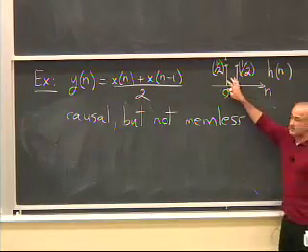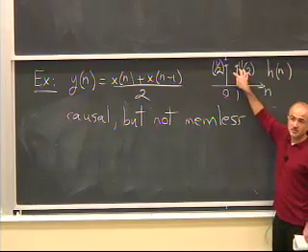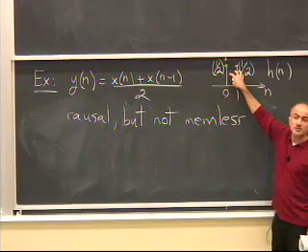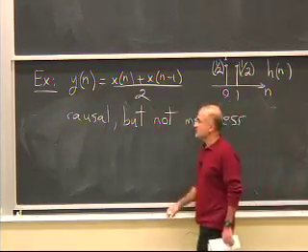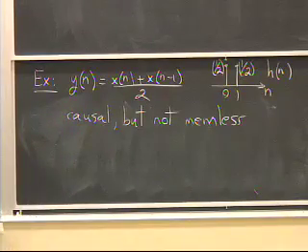By way of review, you should keep in mind that LTI systems are causal if and only if their impulse responses are 0 for negative values of the time samples. And that's the case in both of these situations.